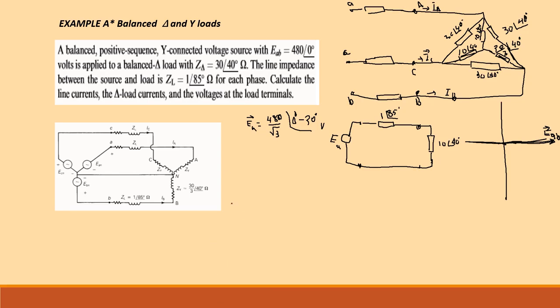So EA is equal to 480 divided by root 3 and an angle of minus 30 degrees volt.